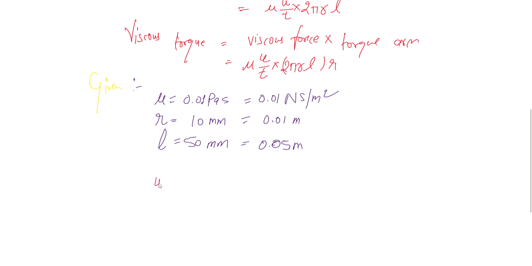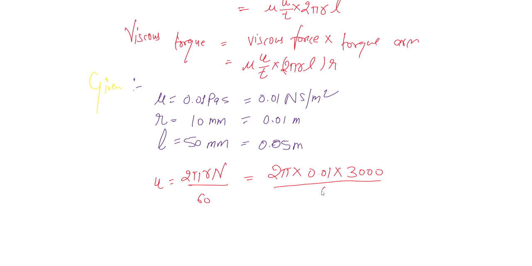So from here I can find U, which is equal to 2 pi r N by 60. U is the tangential velocity of this surface, so U is equal to 2 pi into r, which is 0.01, into N, the rotational speed, which is 3000 divided by 60.